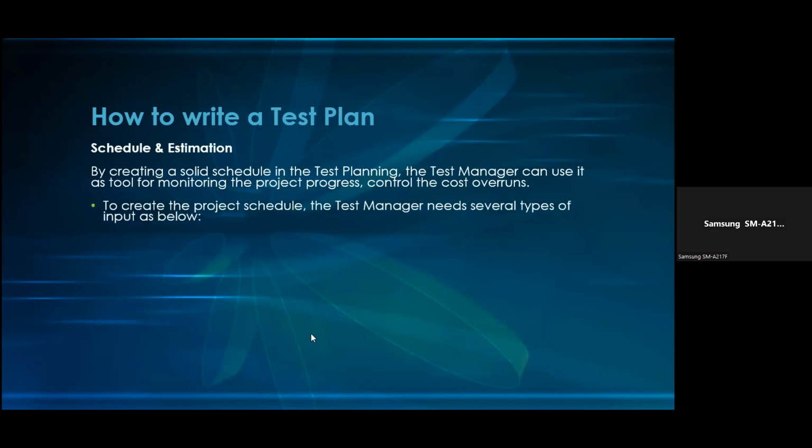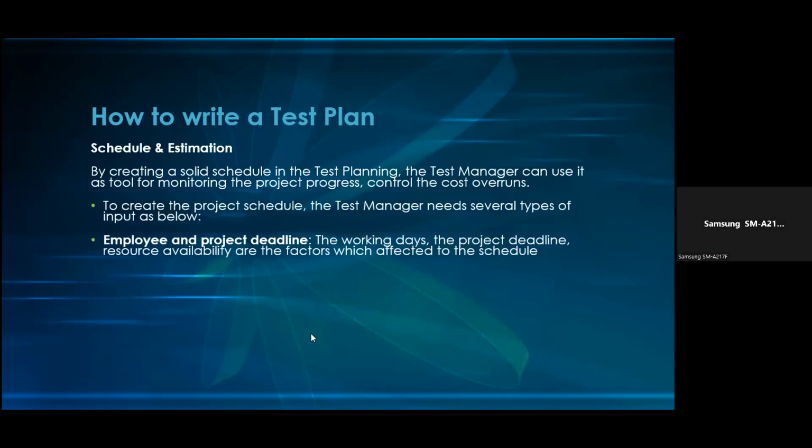So to create a project schedule, the test manager needs several types of inputs, such as employee and project deadline. So the working days, the project deadline, resource availability are the factors which affect the schedule.